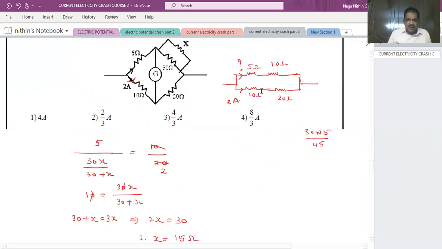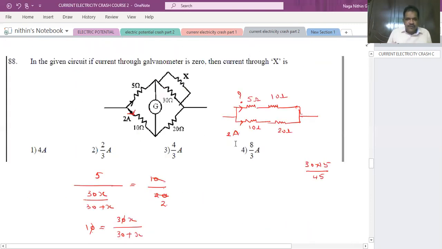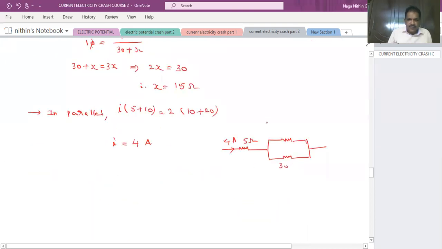So in this, how much current is flowing? See here. Here 5 ohms. In this 4 amperes current. Here it is like this. 30, 15. This will be 30. This will be 15. This 4 ampere is dividing. In this I1 current, in this I2 current.